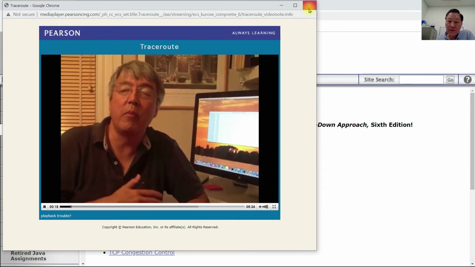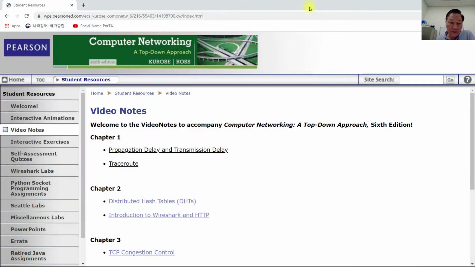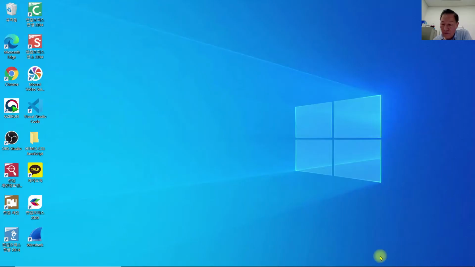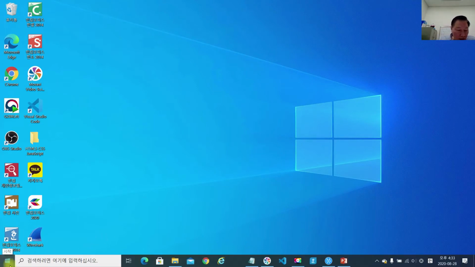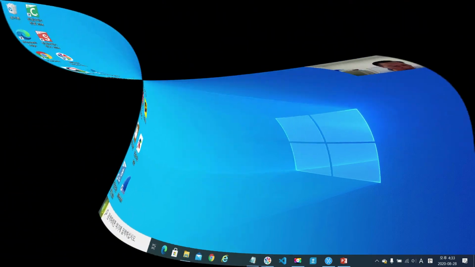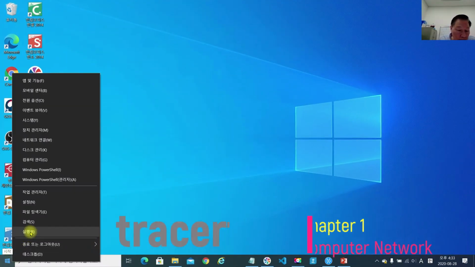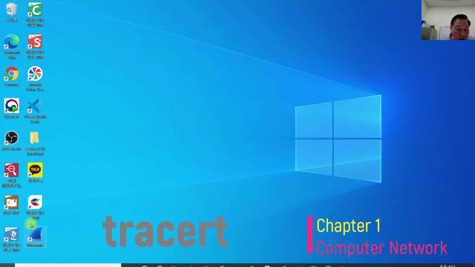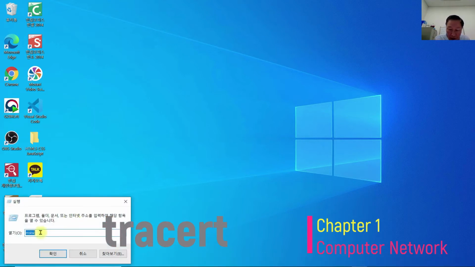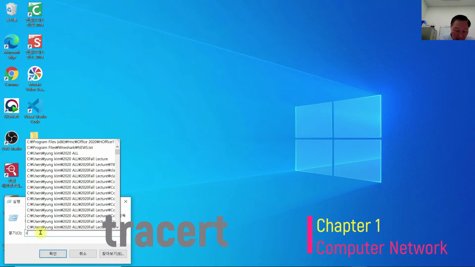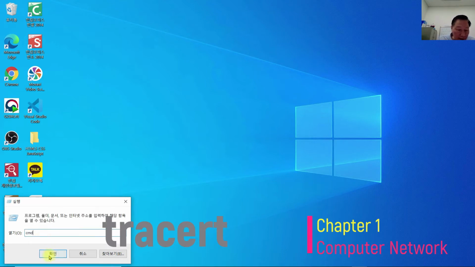Through the internet from my house here to a server. Let's start from here. In this start button, you can see some execution button here. Then simply you can type CMD, that means command.